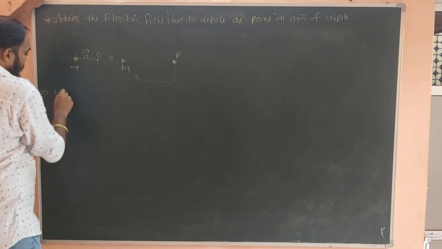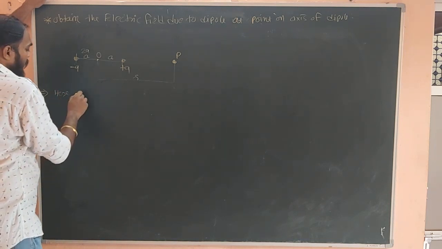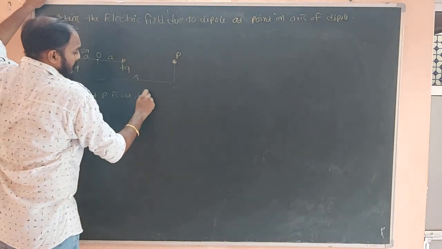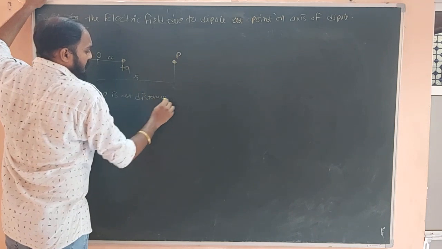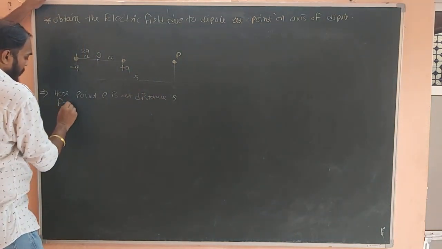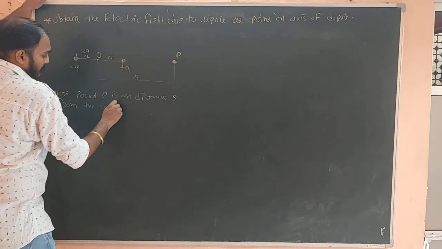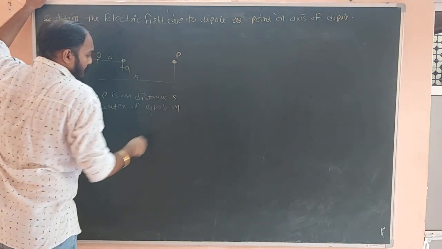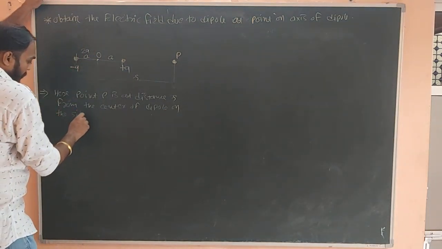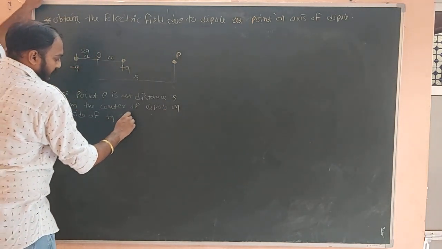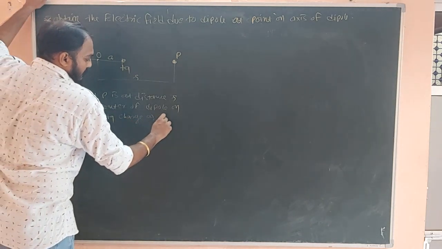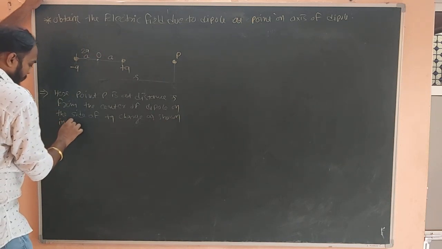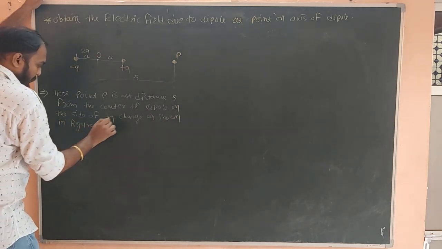So here point P is at a distance R from the center of the dipole, on the side of the plus Q charge, as shown in the figure.